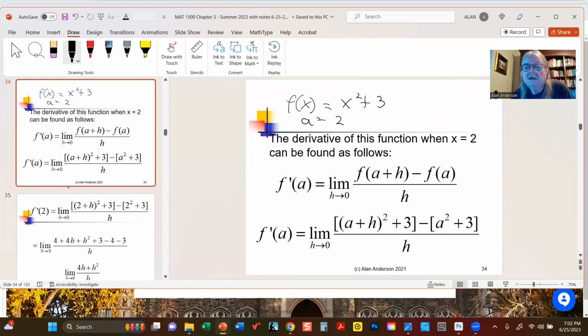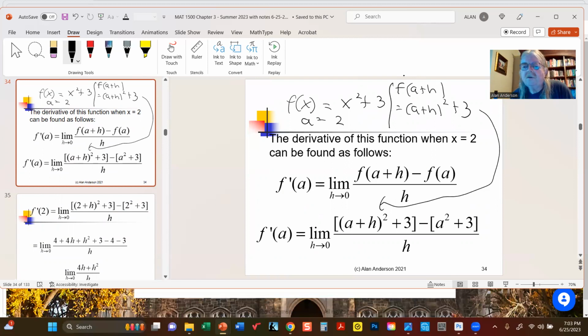So that means that f of a plus h will be a plus h squared plus 3. Remember, too, just as an aside here, if f of x is x squared plus 3, you're just literally replacing every x with a plus h. So that's where this is coming from.